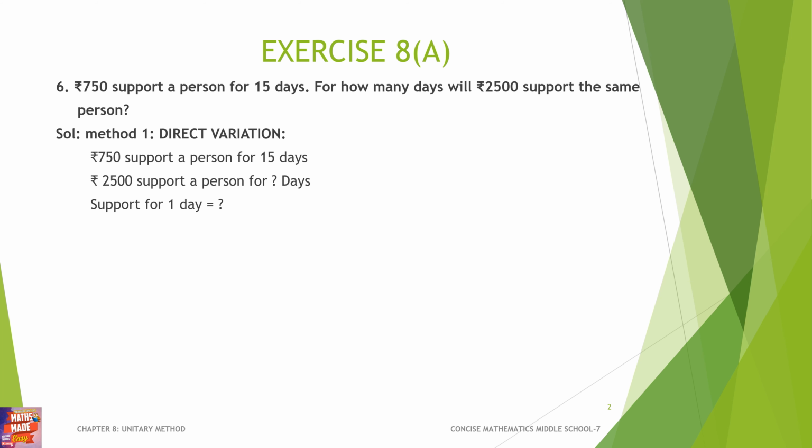Here you need to ask a question to yourself, more or less. For 1 day, does he need more money or less money? Just compare this with this statement. For 15 days he needs 750. For 1 day surely he will need less money, right? Less is nothing but division. If you got more, then you have to multiply.